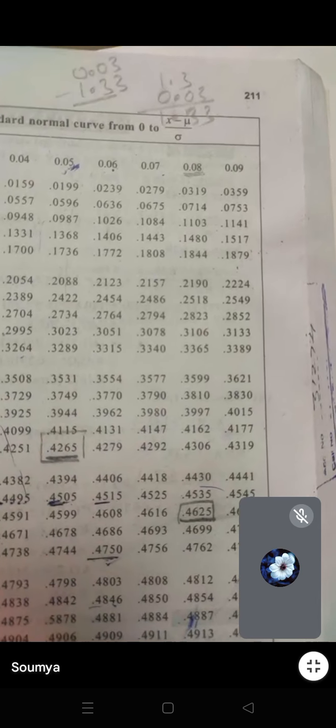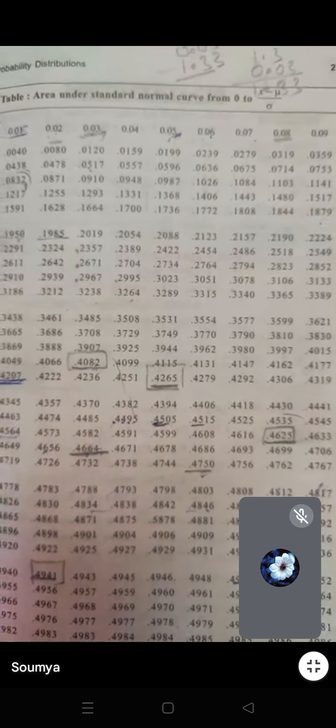This is the value? 475? I cannot see it below.